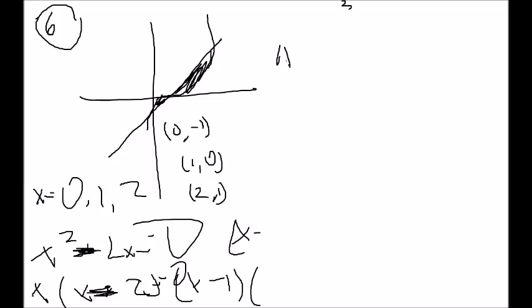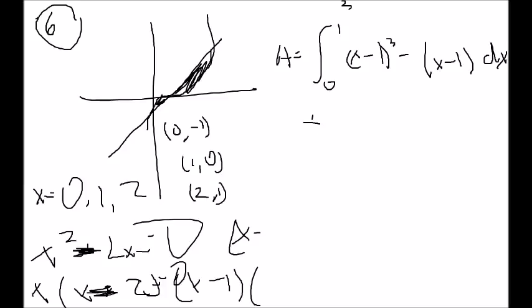So area will equal the integral, and for the first segment, from 0 to 1, the top one will be x minus 1 cubed minus x minus 1 dx plus the integral from 1 to 2 of x minus 1 minus x minus 1 cubed dx.